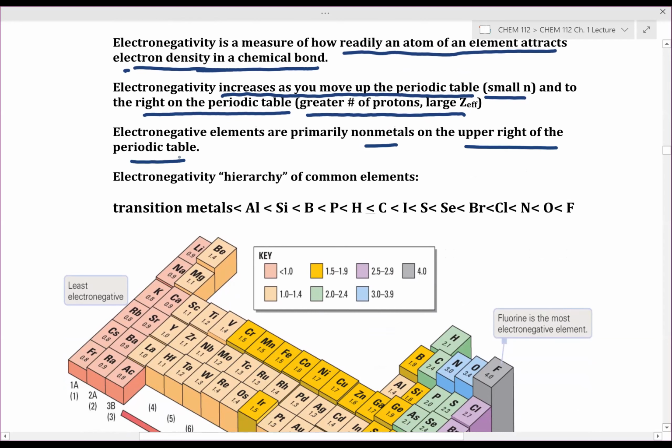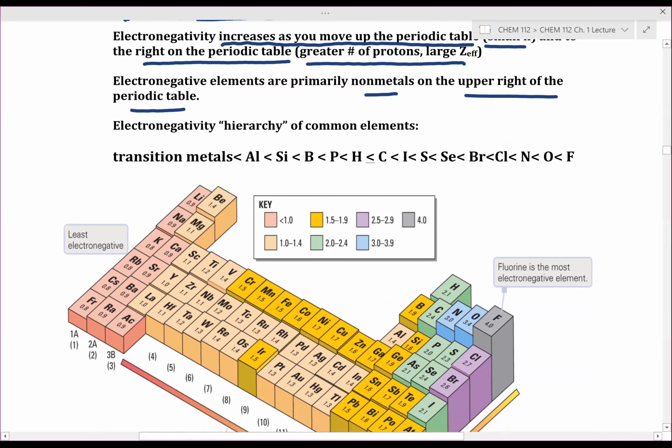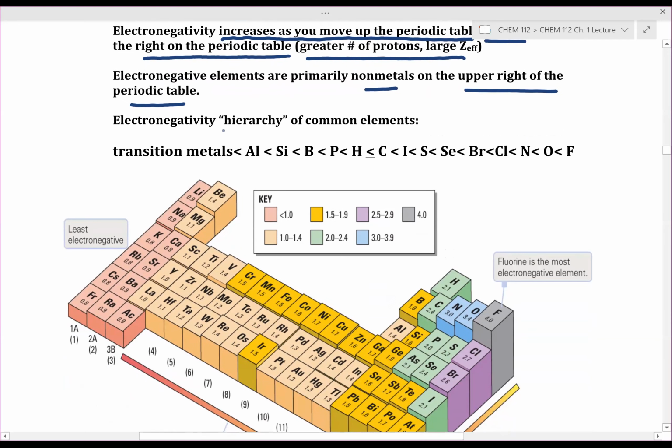To help everyone along with this process, we've created a shorthand hierarchy, an electronegativity hierarchy of common elements. So of course, fluorine is the king of electronegativity, and following down from that, we have our oxygen, nitrogen, chlorine, and bromine.